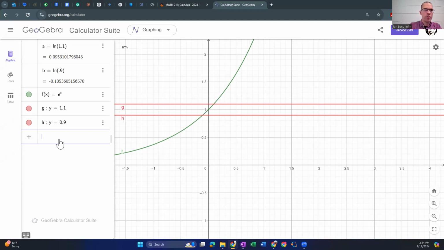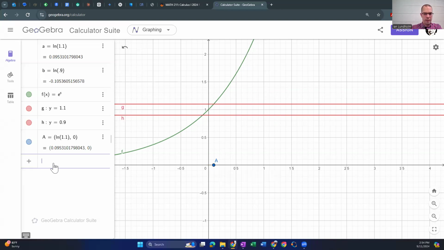Okay, so a point on the x-axis would be ln of 1.1, comma 0, which gives us a point down here.